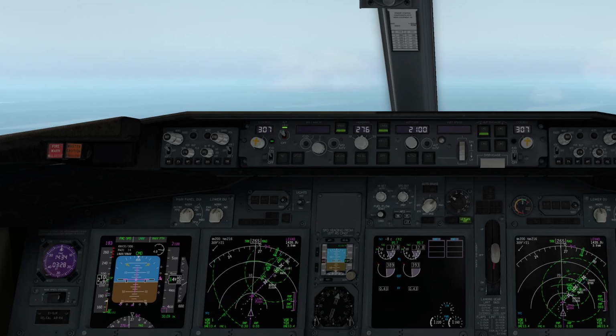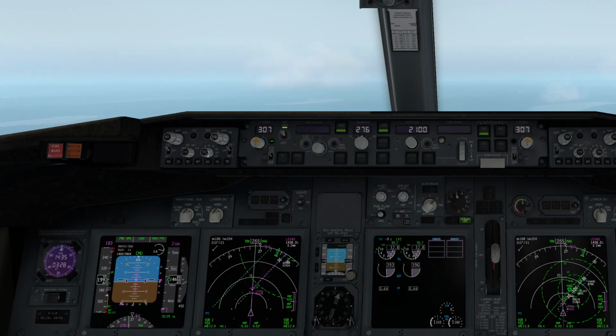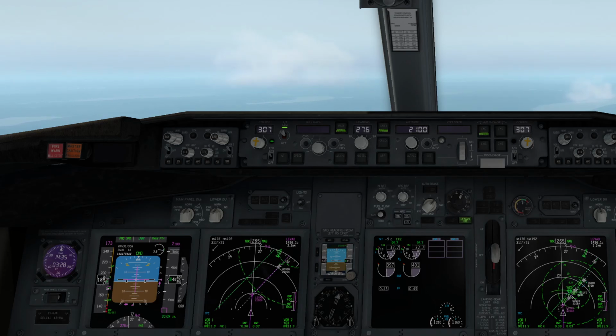Flaps 2. So we are now passing 4,700 feet. We are above the path. That's not very good, is it? Flaps 5.